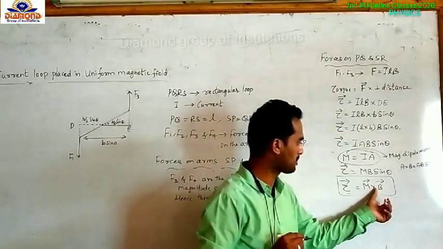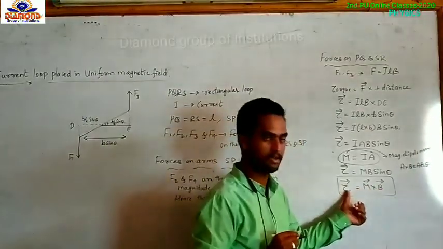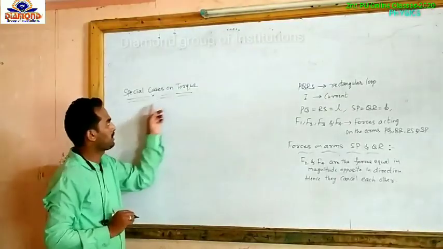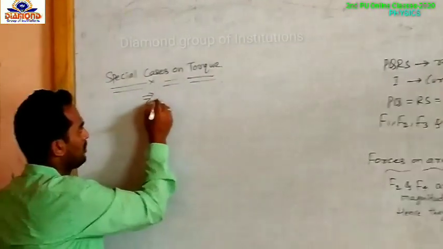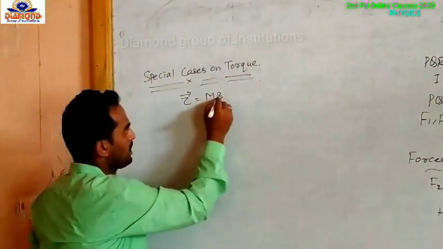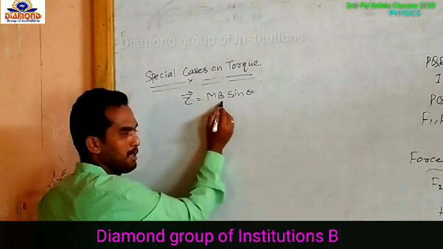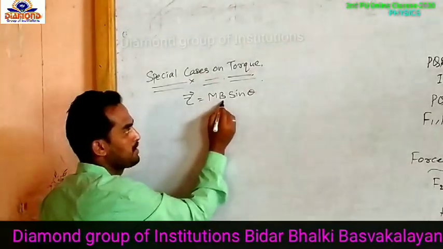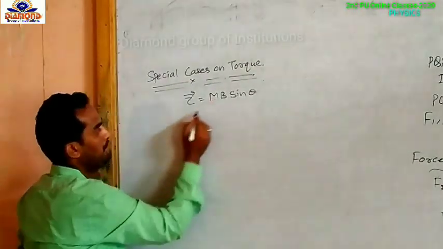The cross product of M and B is called the torque expression. Special cases on torque. What is the expression for torque? We got it as M B sin theta. Theta is the angle between M and B, tau is called torque, B is called the magnetic field applied, and M is the magnetic dipole moment.